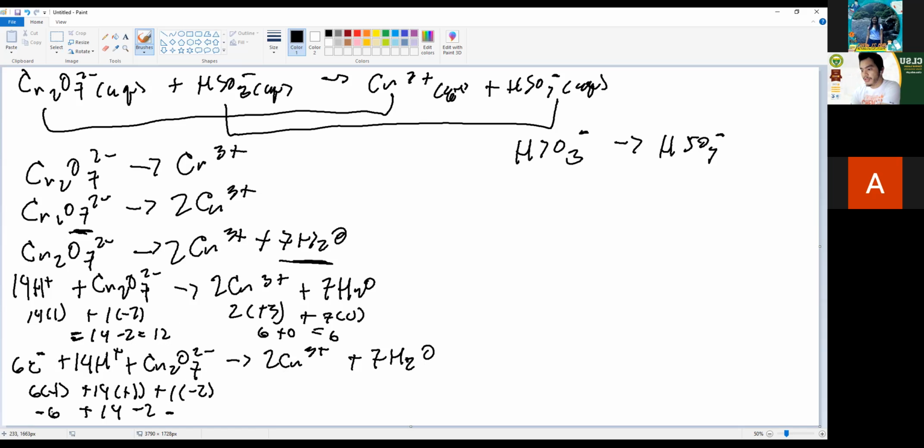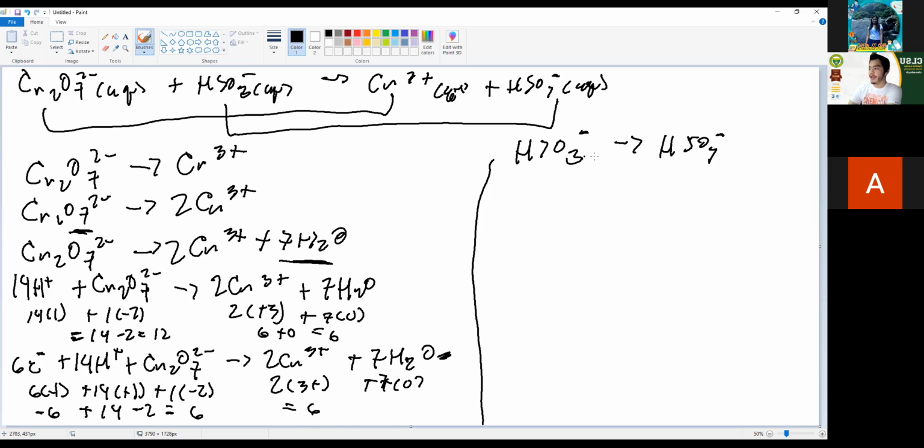So negative 6 plus 14 minus 2 is 6. Tapos 2 times 3 plus 7 times 0. So equal yan sa 6. So balance na yung both sides. So balance na yung chromium side.